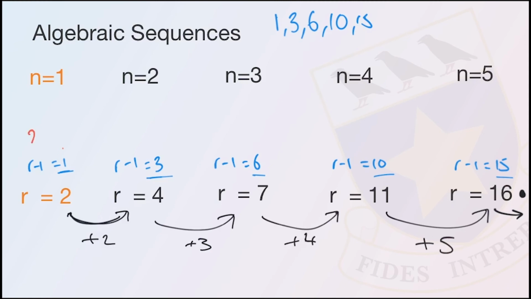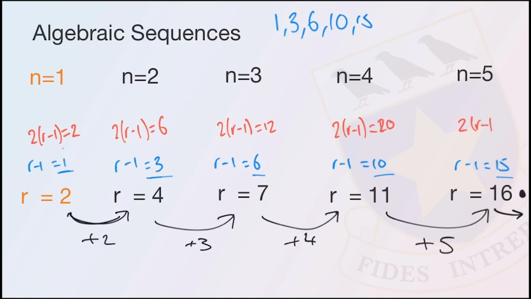So we had 2 lots of r minus 1 is equal to 2. 2 lots of r minus 1 is equal to 6. 2 lots of r minus 1 is equal to 12, and so on. And now we can see that multiplicative relationship between the number of lines and this 2r minus 1 function.